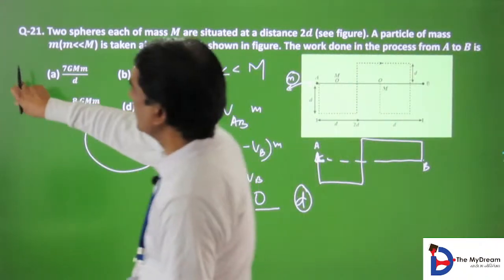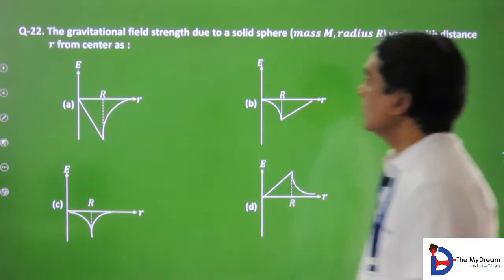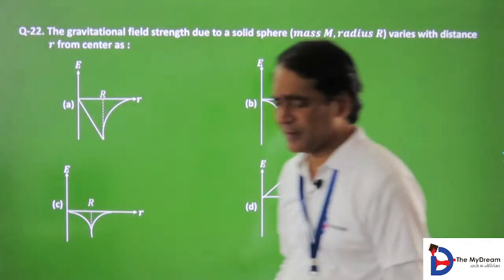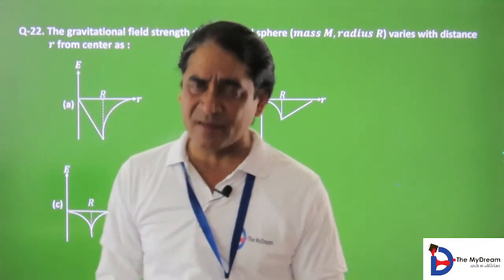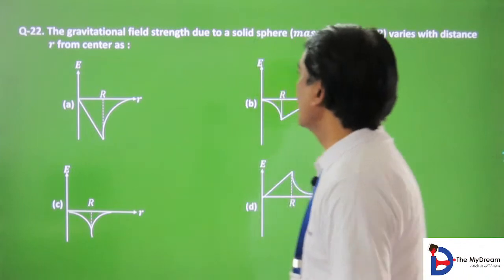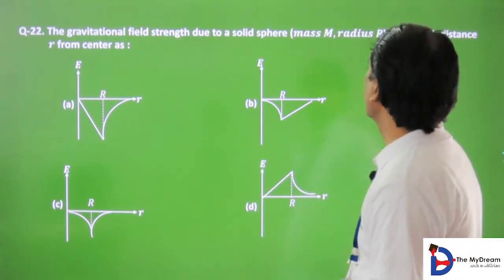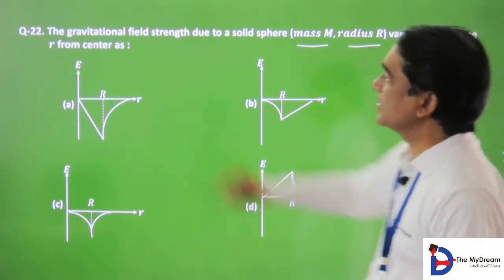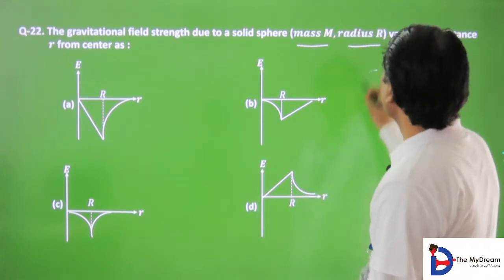Now the next question is, gravitational field strength or intensity, that is, आपको पता ही है जी, mass capital M, radius R, varies with the distance from the center. This is the solid sphere.